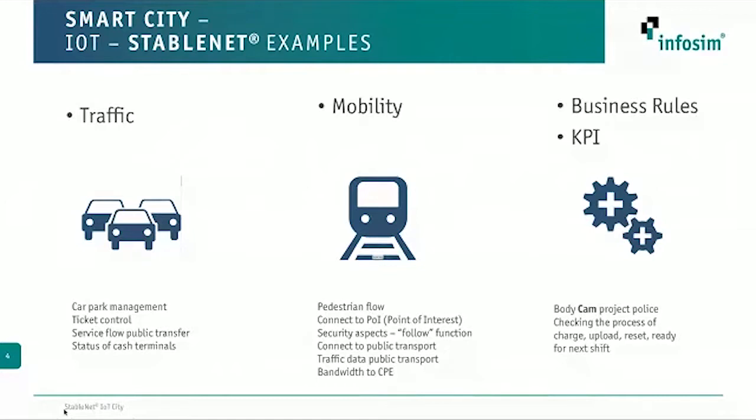There are so many examples right now where an Intel-driven gateway is doing its work. We collect the data and we control it. For mobility, we have pedestrian flows and all kinds of traffic data: when the train comes, when it leaves, how many people are on the train, and so on. And a really good thing is that we look at KPIs and business rules with StableNet.